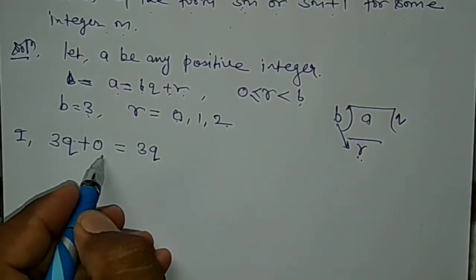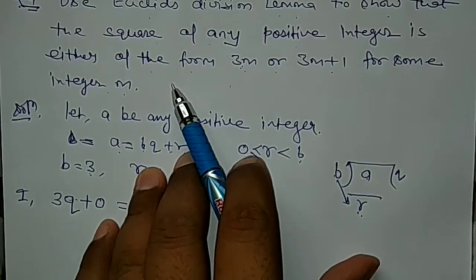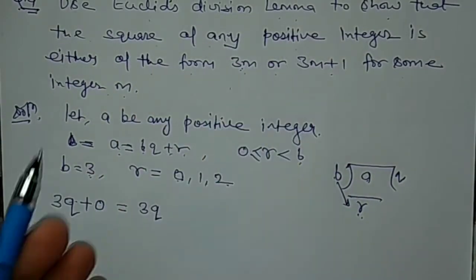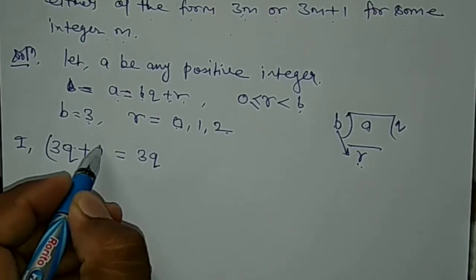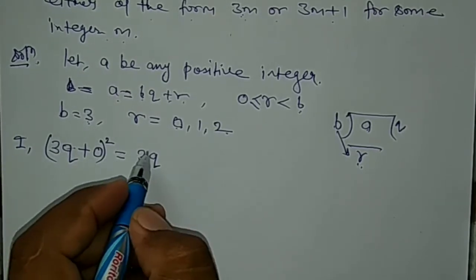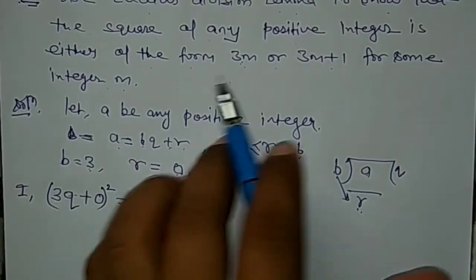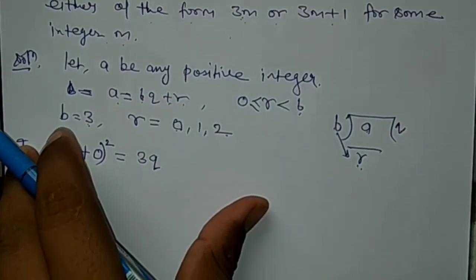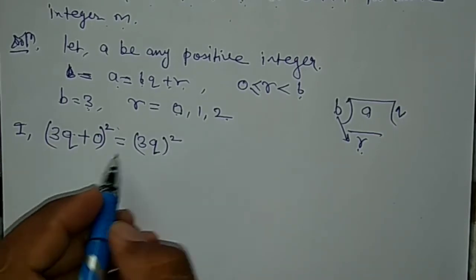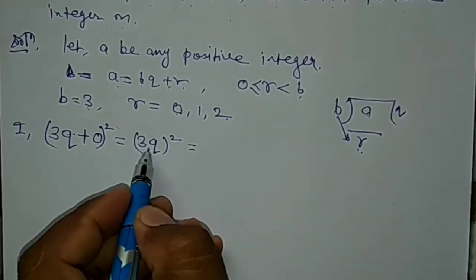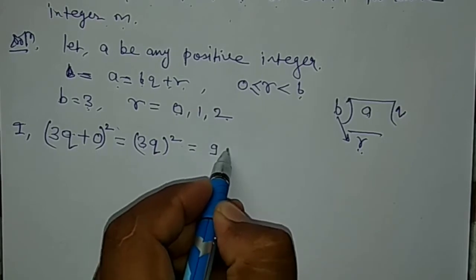Then 3q plus 1. In this question, we want the square of any positive integer, so we are doing the square of this number, and we have to write it in the form of 3m or 3m plus 1. Square of 3q is 9q square.